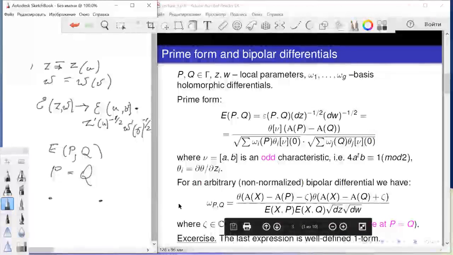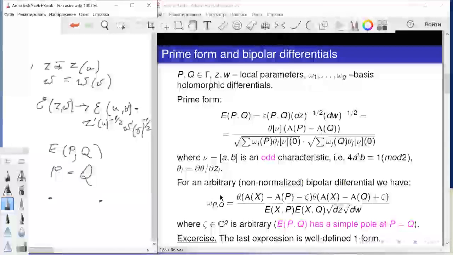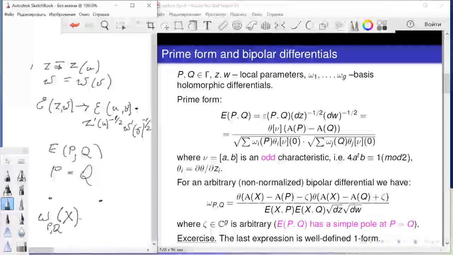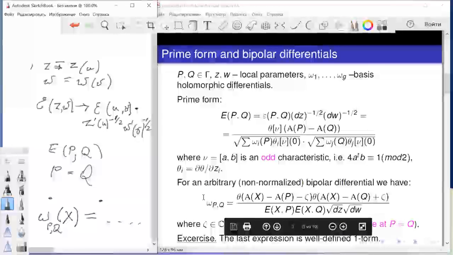For such a differential with poles at P, Q, we can give the following expression. It would be better if I write on the left-hand side: omega PQ of X is equal to what's written here.